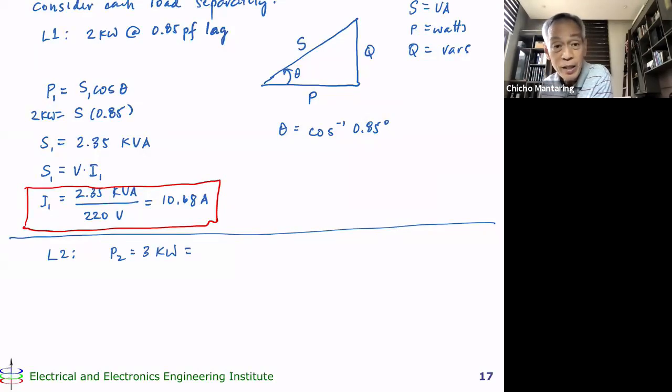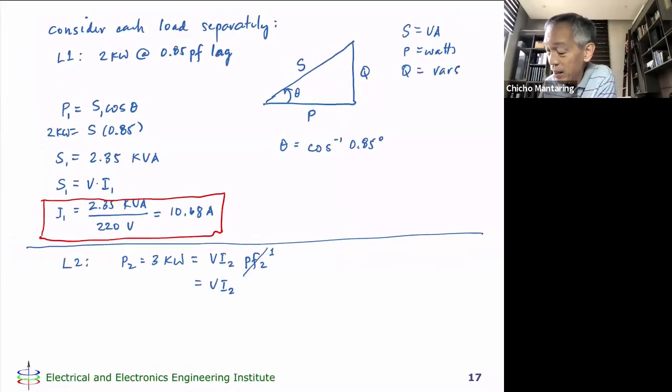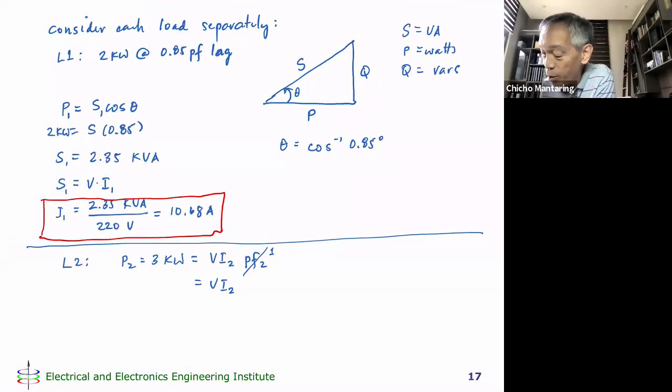But what is this? This is equal to V I2 times your power factor, PF2. But my power factor is equal to 1. So this is just equal to V times I2. So right away, I can compute for I2. I2 is equal to 3,000 or 3 kilowatts divided by 220 volts.